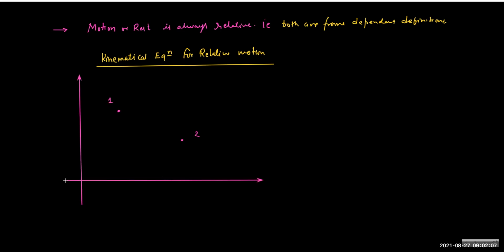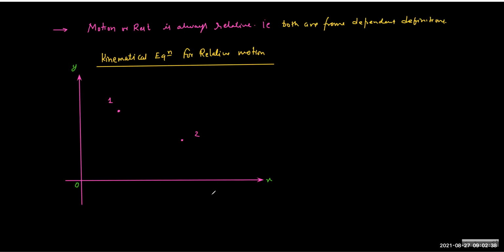What is a frame? It's a mathematical setup. When you define a frame, basically you define a coordinate system. And why do so? Because this is a mathematical frame, it allows us to write something in mathematical format.